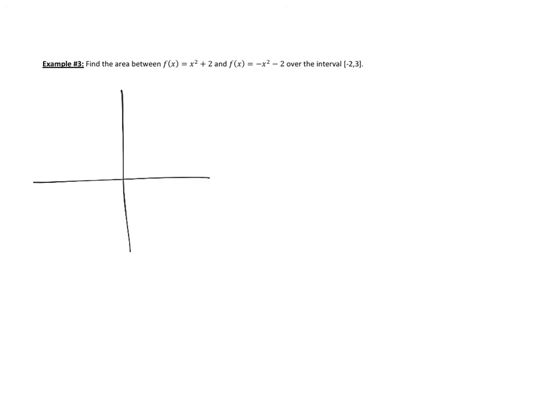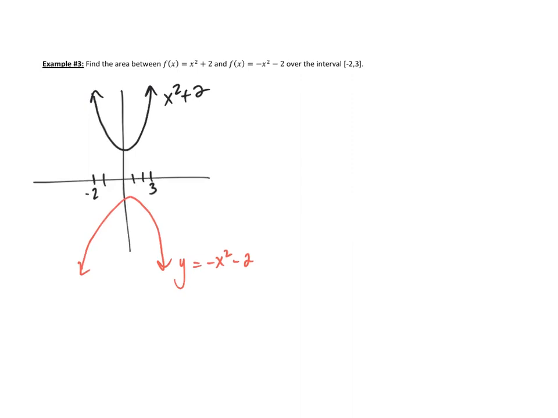Okay, so the top graph is this guy, x squared plus 2, and my bottom graph is my negative x squared graph minus 2. And I want to find the area under the curves, or between the curves, excuse me, from negative 2 to positive 3. So realistically, I want all of this space from here to about here.